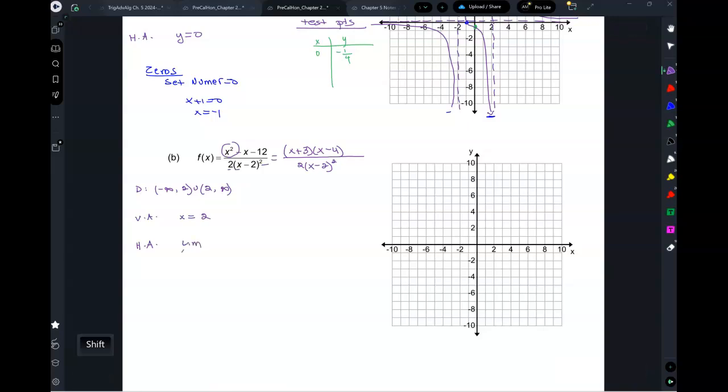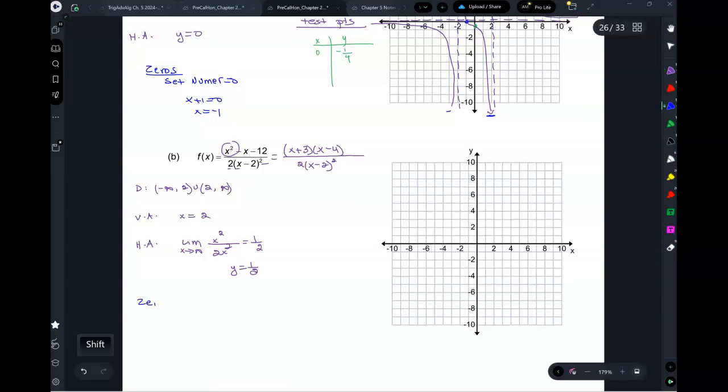If you wanted to show that, x squared over 2x squared is 1/2. So y equals 1/2. Okay, what are the zeros? X plus 3, x minus 4 equal to 0. Negative 3 and 4.